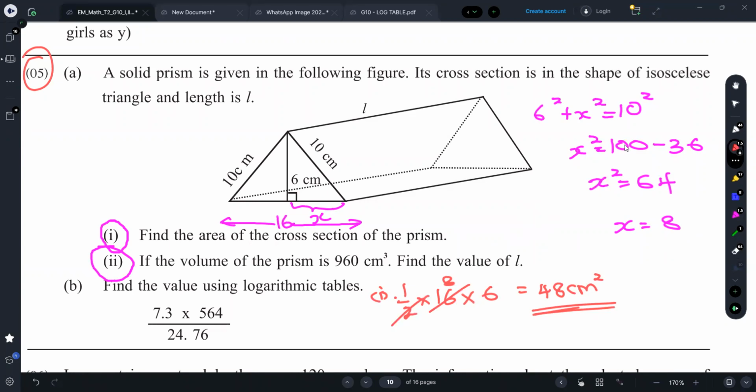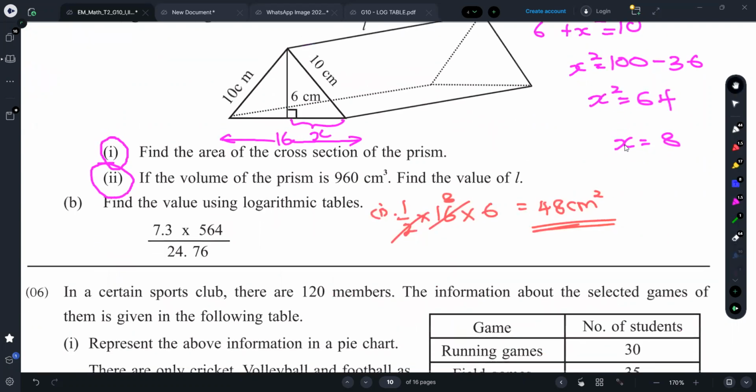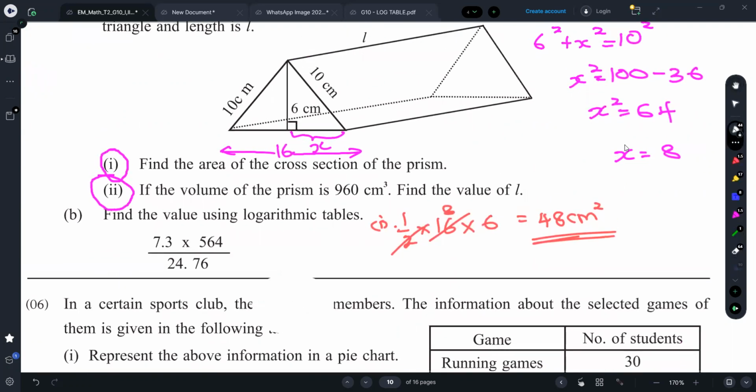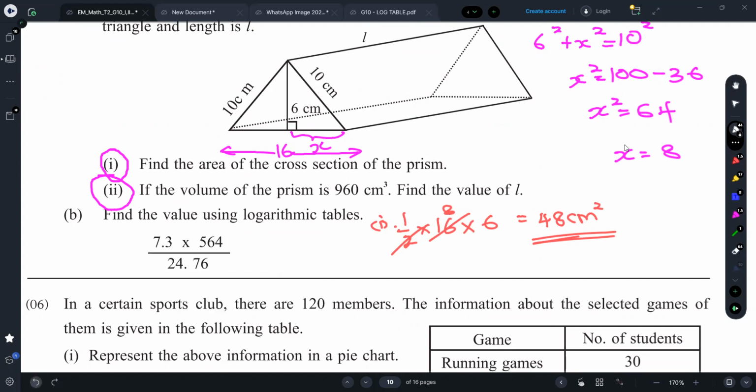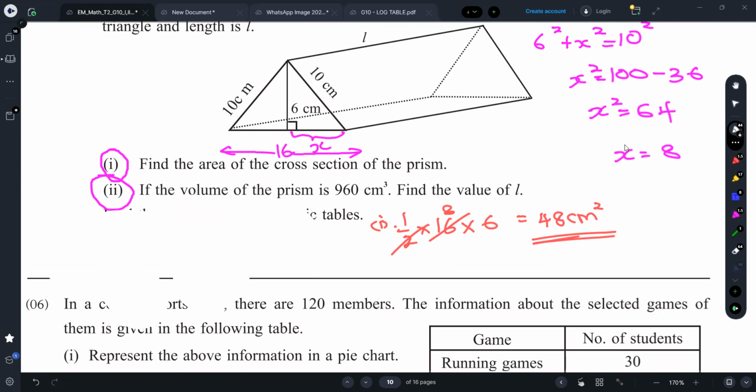Next one, if the volume of the prism is 960 cubic centimeters, find the value of L. Volume is 960. We should find the value of L. Now, how to take the volume of this prism?